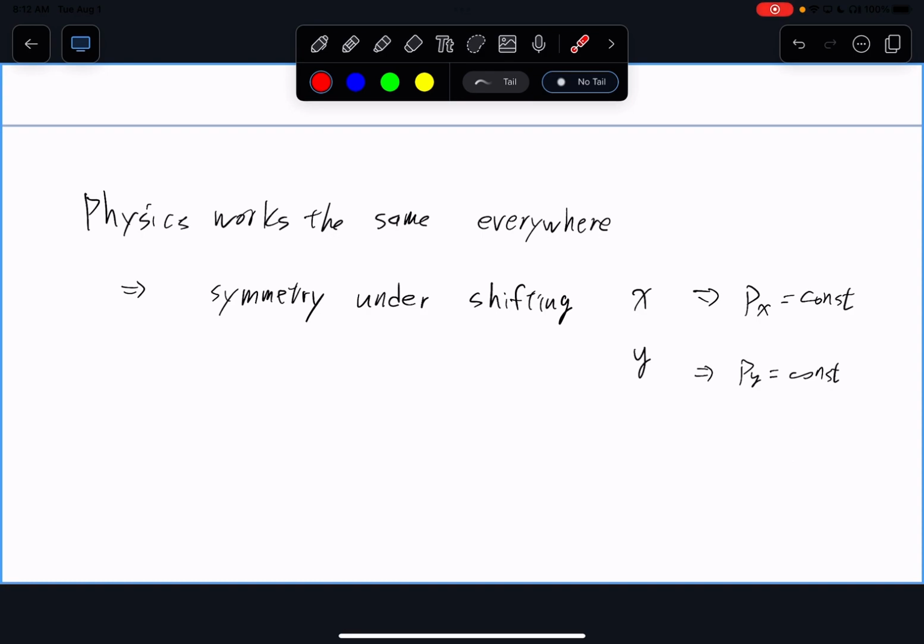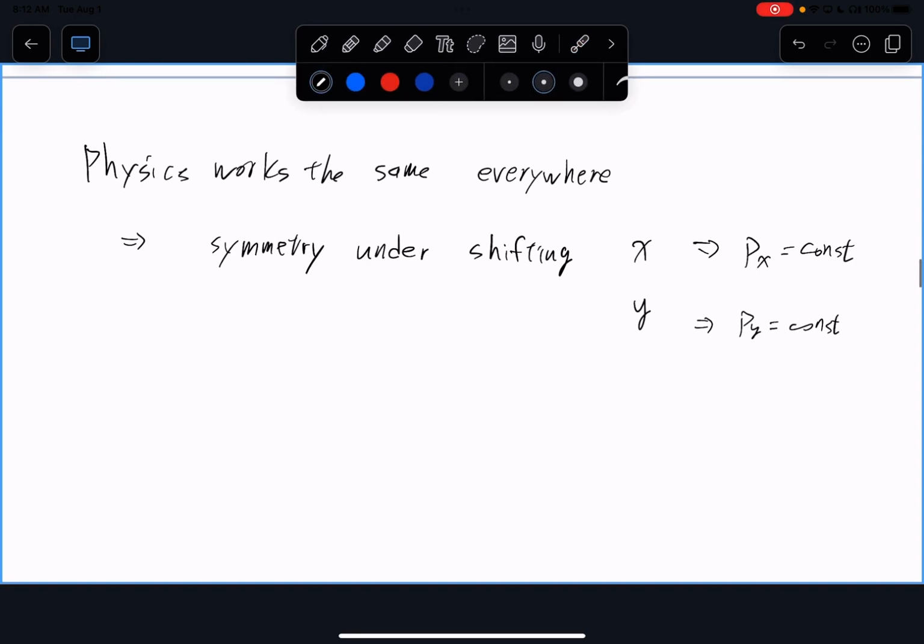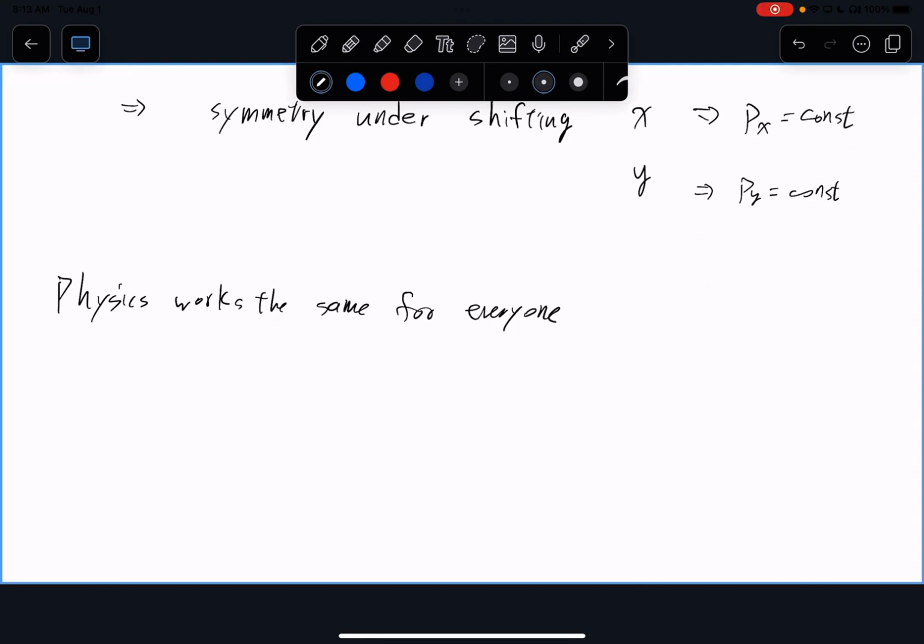And we also said that physics law should work the same for anyone, for everyone. So we can think of it as one person standing here facing this direction, but another person is facing another direction.